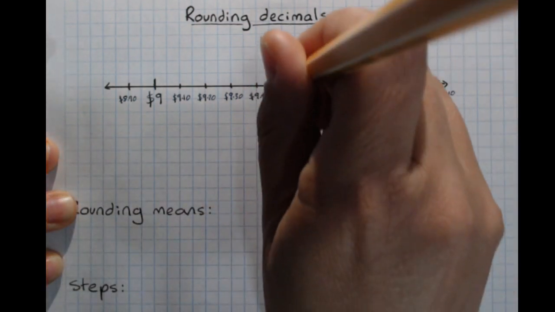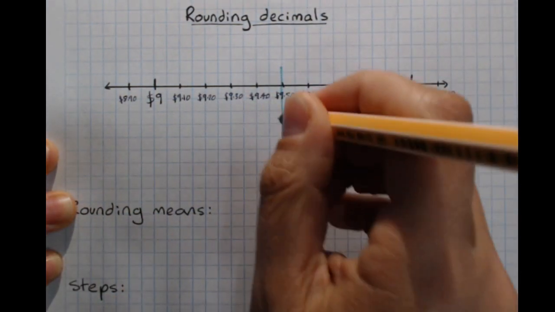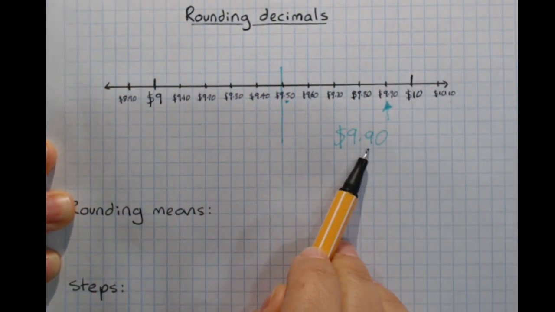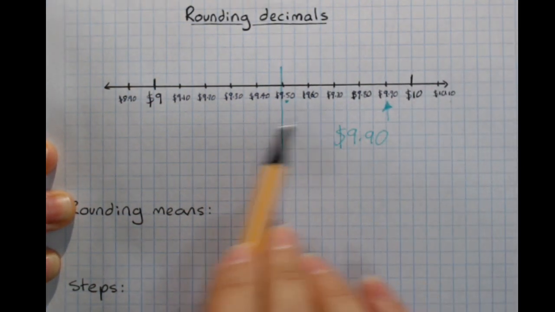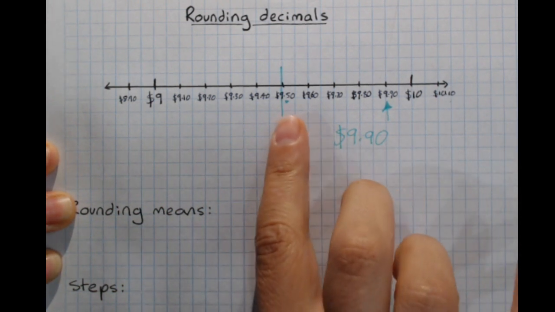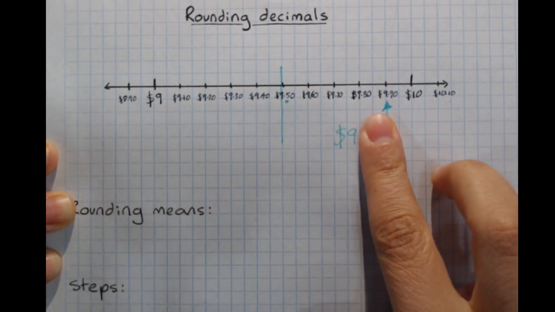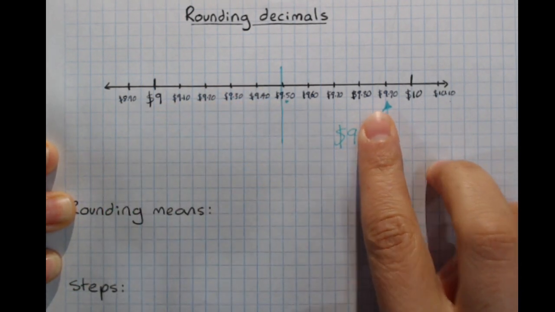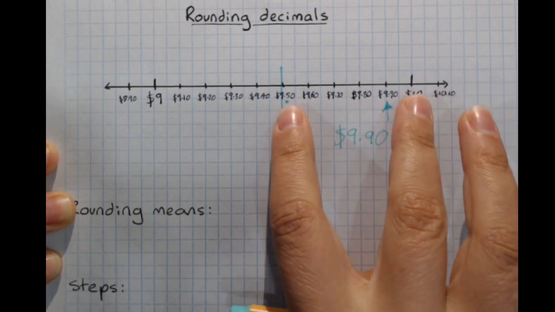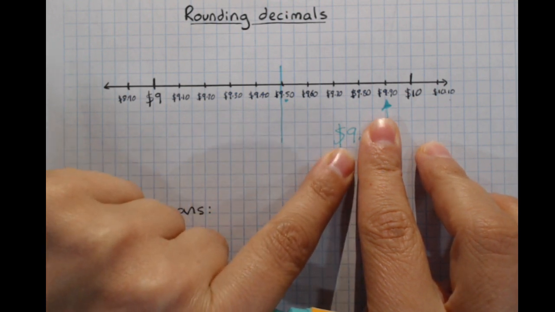And the halfway point is where, when we cut things off, the next number is 5. So if we cut it off and the first number that we cut off is less than 5, it's going to be closer to just cutting that number, just 9. If we cut it off and the first number that we cut off is 5 or more, it's going to be closer to not the number that we're left with, but one number up.